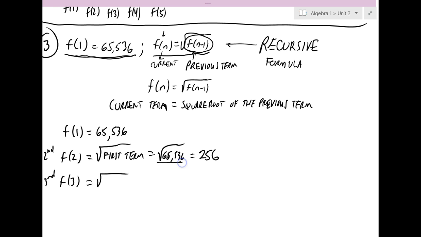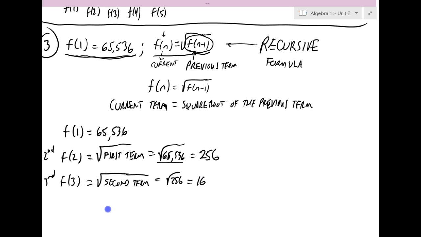No, we did that here. To get the second term, we took the square root of the first term. So to get the third term, we're going to take the square root of the what is previous to 3? 2. So we're going to take the square root of the second term, which was 256, so that is 16.